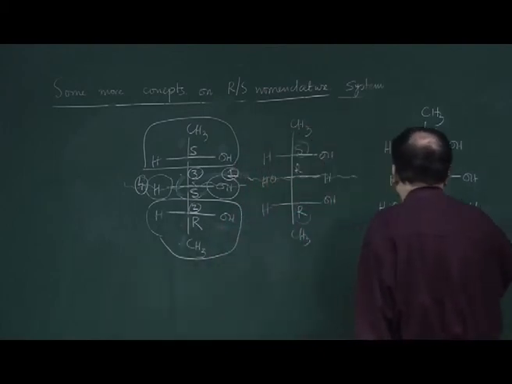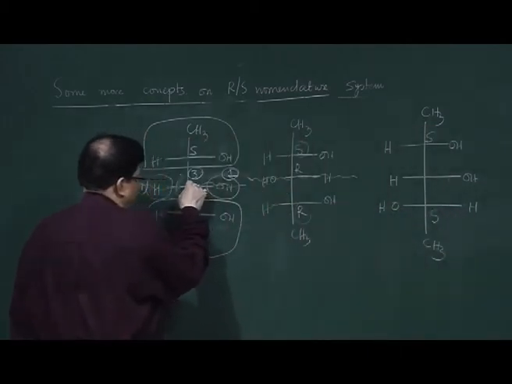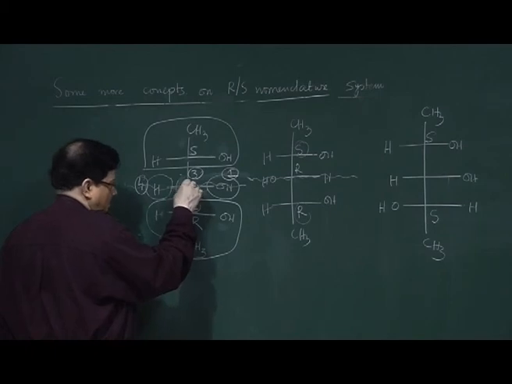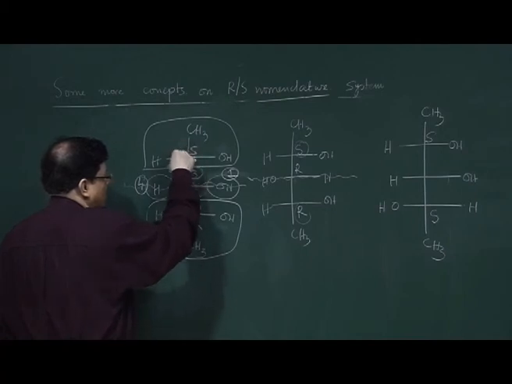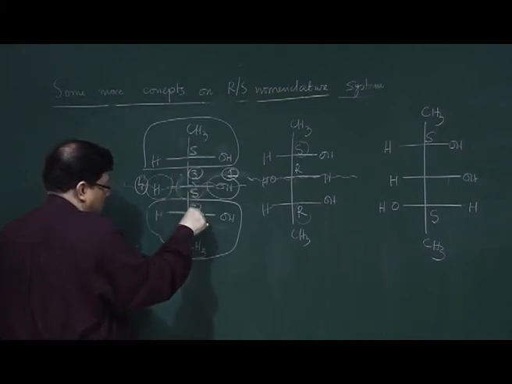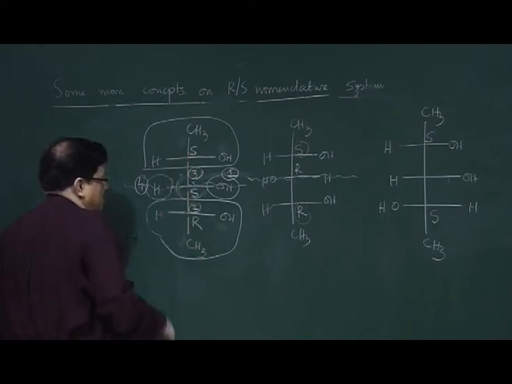So, that is why this type of carbon is sometimes asymmetric or chiral, or sometimes it is not. The chirality of this center depends on the absolute configuration of the adjacent asymmetric center.